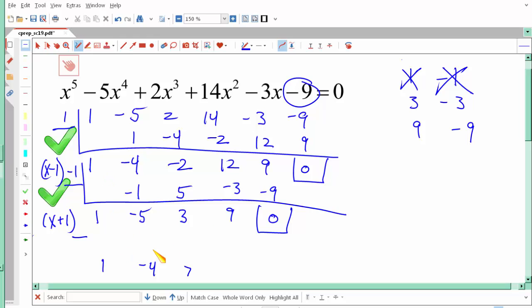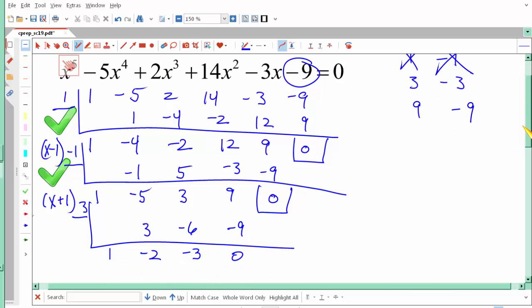I'm going to move on to 3. So 1, 3, negative 2. Alright, so 3 worked.